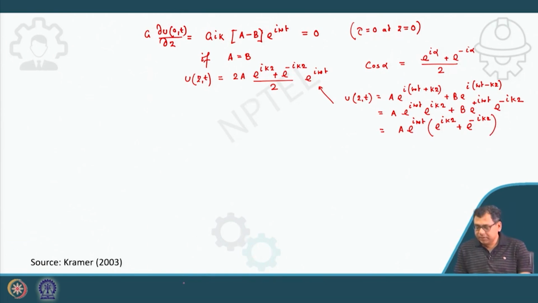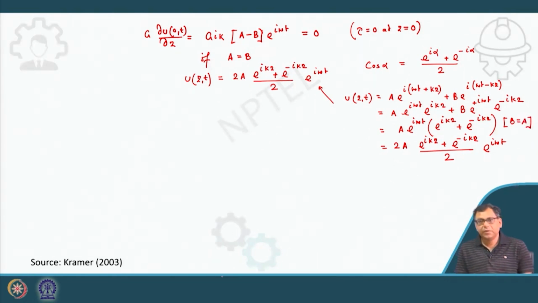So I can write twice A, e to the power i k z plus e to the power minus i k z divided by 2, into e to the power i omega t. Here, how are we getting this? Because my B is equal to A.